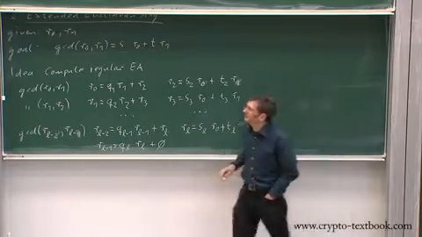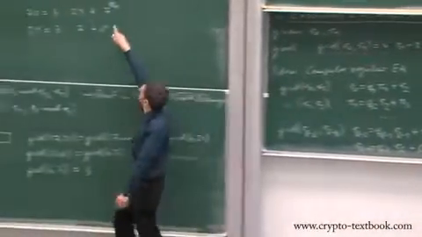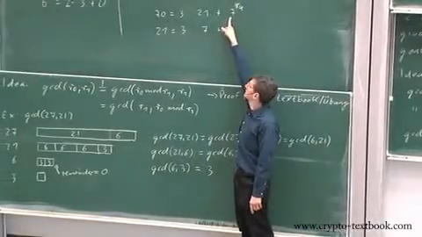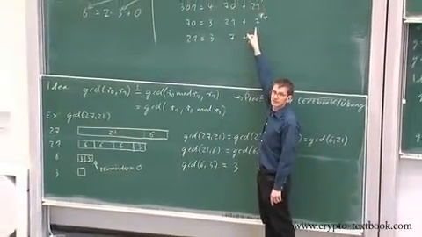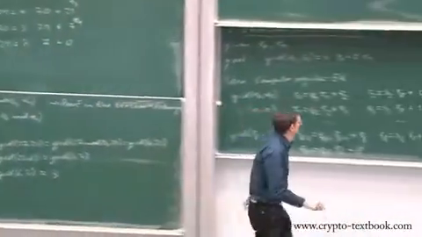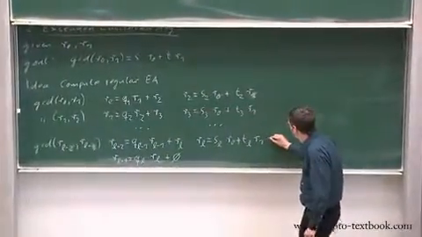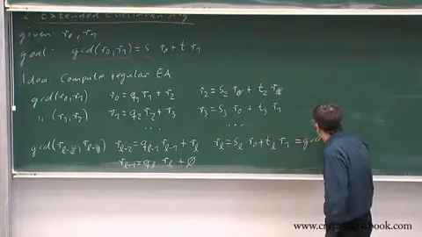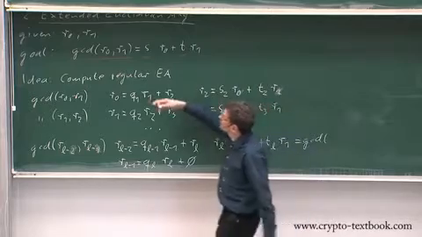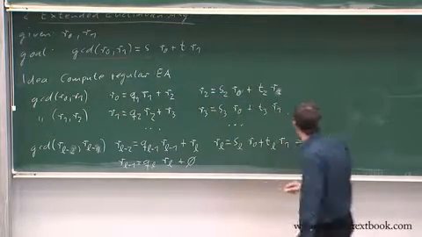That's the GCD. That's the end of the algorithm. This is the last remainder that we computed. This is the GCD. But GCD of what? Of the original problem of R0, R1.